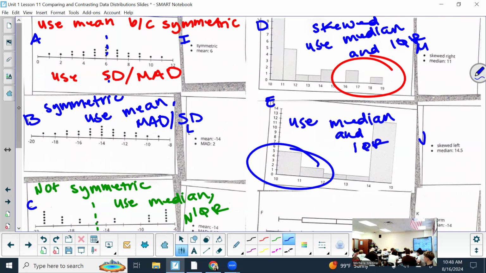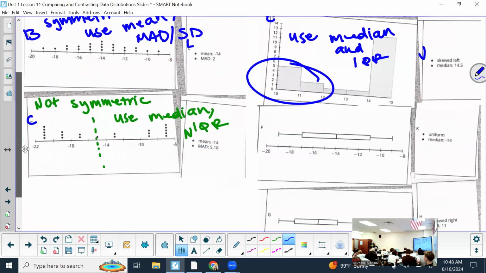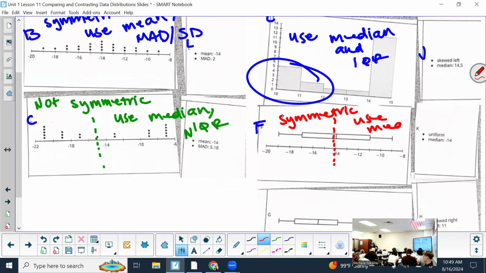All right, almost done. Now we have our box plots. So box plot F, would you say that that is symmetric? Could I draw a line of symmetry somewhere and it look like a mirror image on both sides? So it is symmetric. What would be better to use then, mean or median? So use mean.